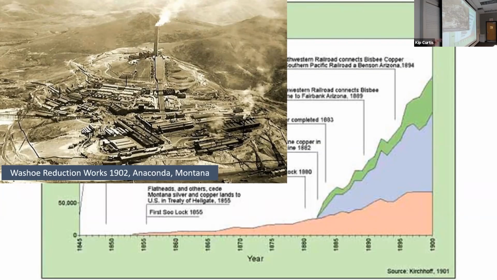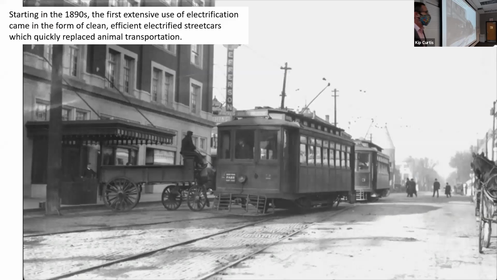Now, all of that cheap copper made electrical systems affordable if you could find the right system to invest in. And we'll remember from last time that horse transportation dirtying the cities was replaced and displaced in the 1890s by this gradual investment in the electrical streetcar. This led to improved sanitary conditions in cities.